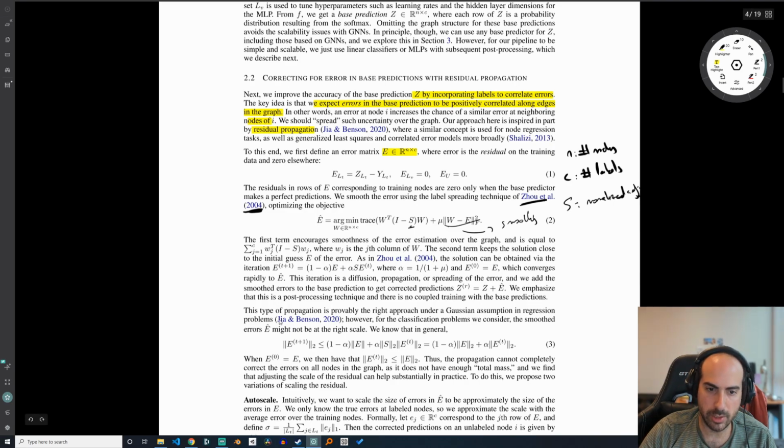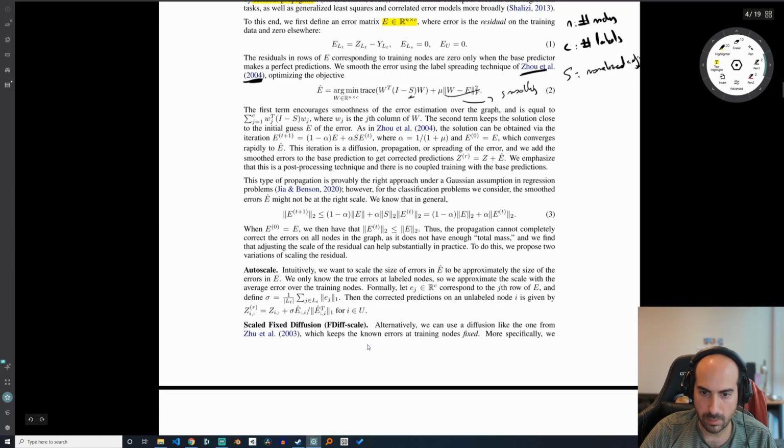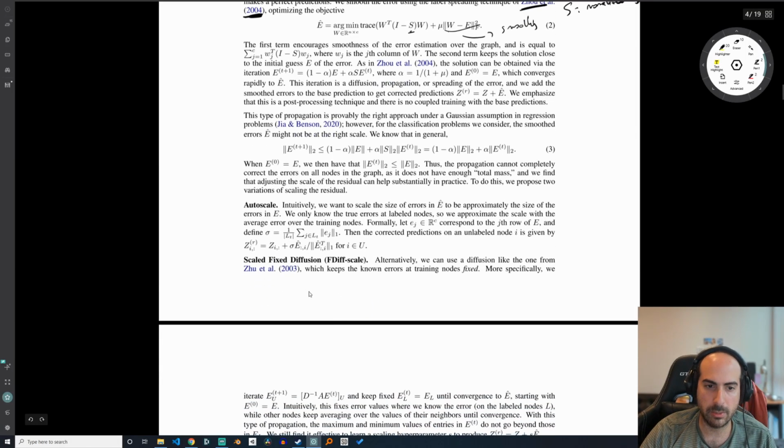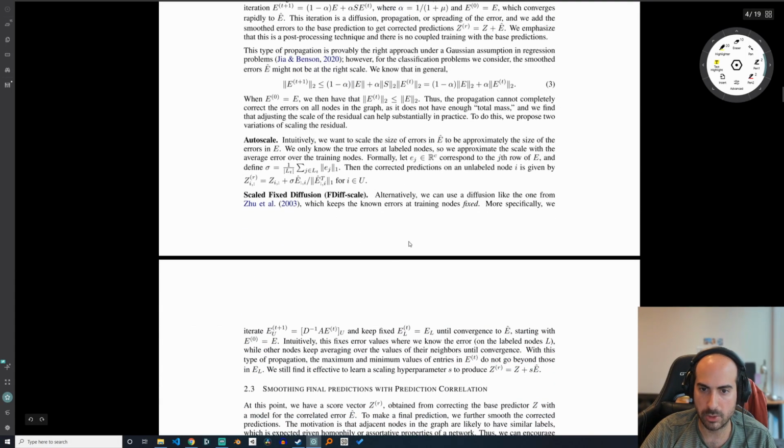So we know that in general, the E at the time step, okay, so we can use the diffusion like the one from Zhu et al., which keeps the known errors at training nodes fixed. Okay.